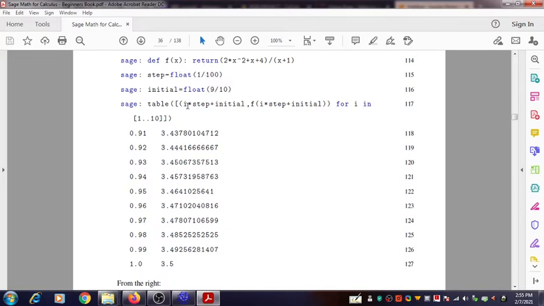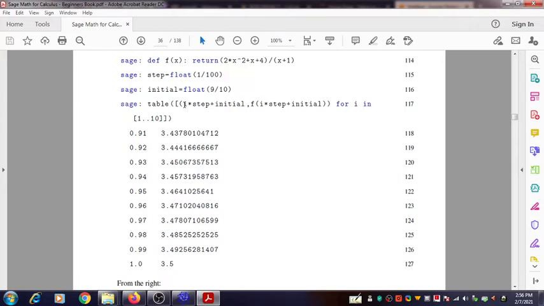The initial value is 0.9, and the value stored at step is equal to 0.01. When this command is executed, the step will be multiplied by the value I. I into step gives you the step quantity multiplied by the quantity I. Step is equal to 0.01, and then 0.01 into what is the value of I, that is the main important thing we have to consider.